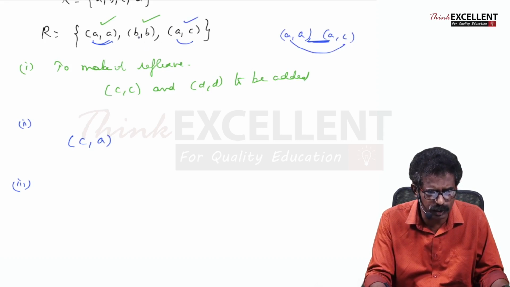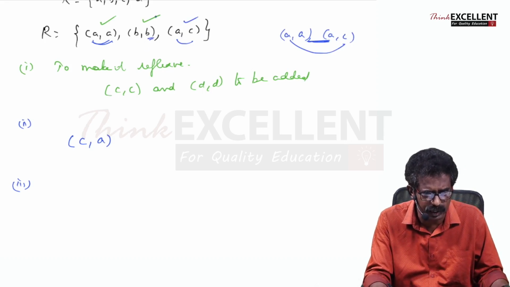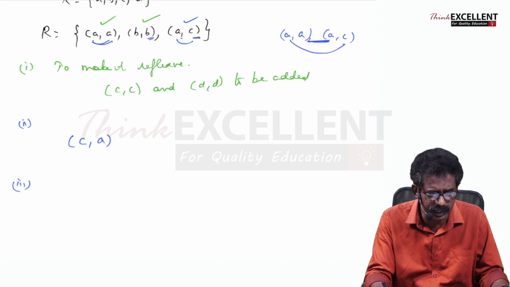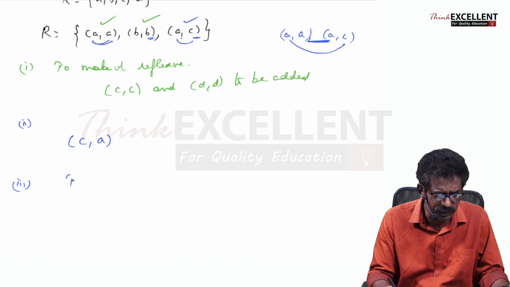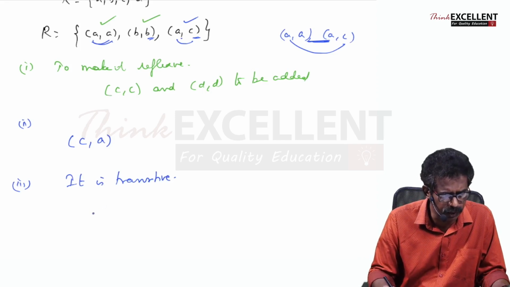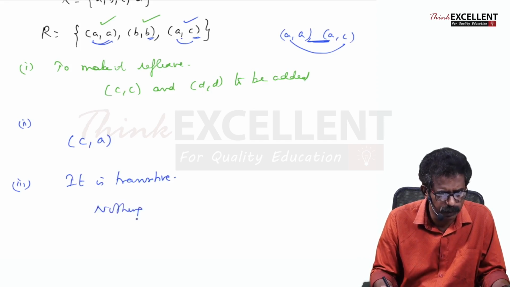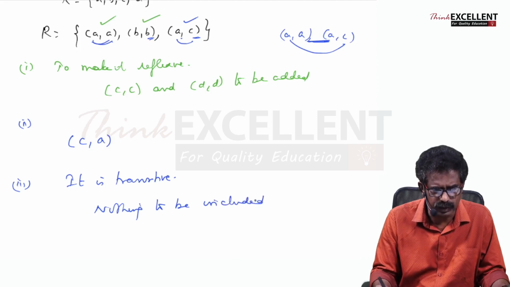Then B related to B, then that B related to nothing is there. A related to C, then C related to nothing is there. So no need to check anything else. So you say it is transitive. So nothing to be included.